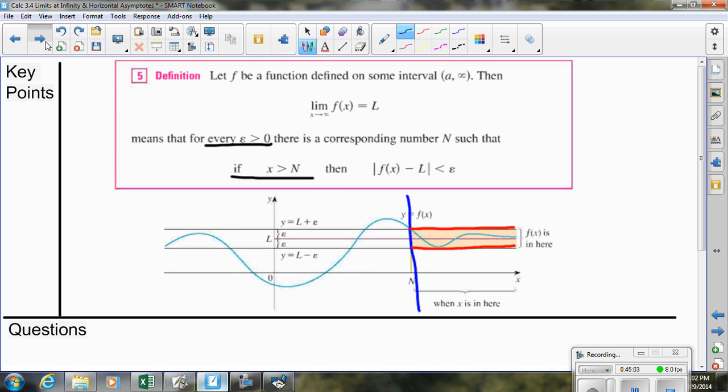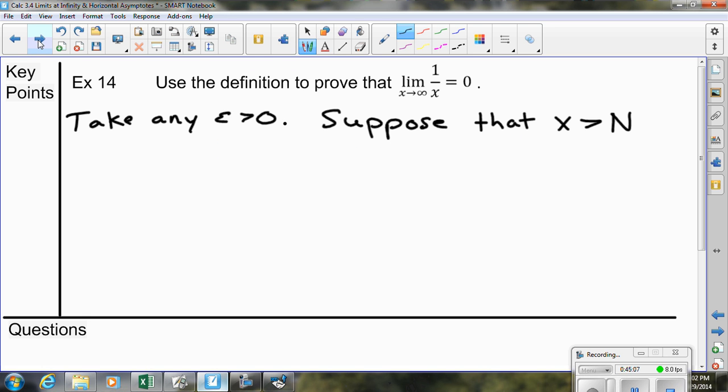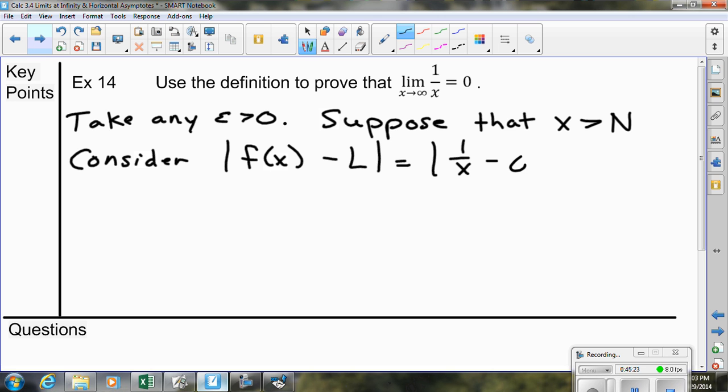All right, so we will now look and say, consider the absolute value of f of x minus L. Well, please note that this is saying 1 over x minus 0. That's equal to just the absolute value of 1 over x.